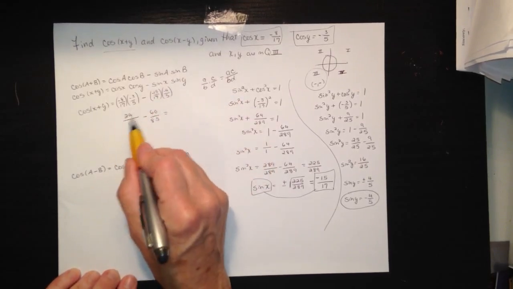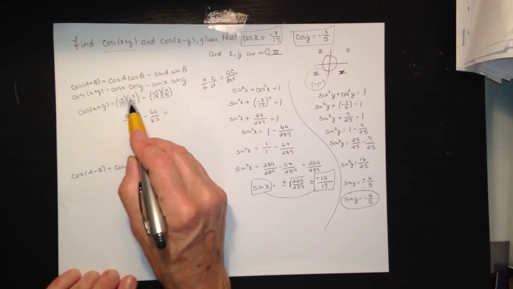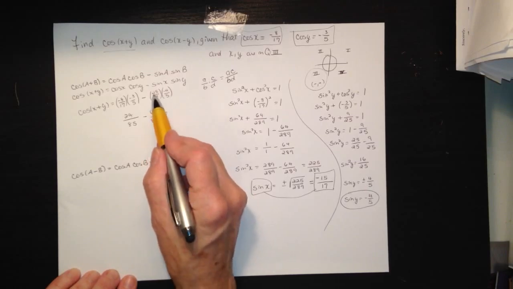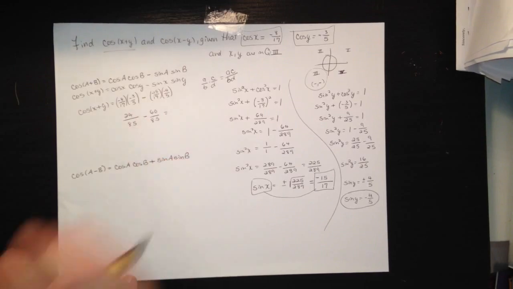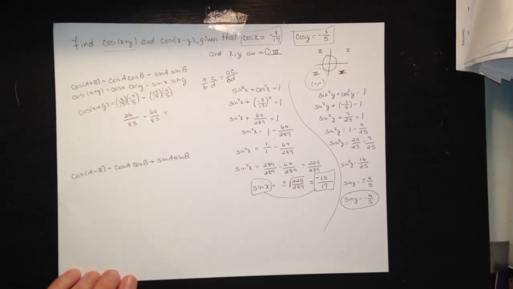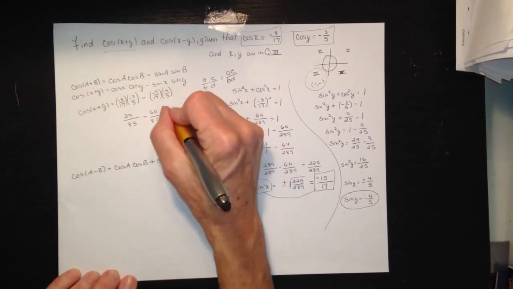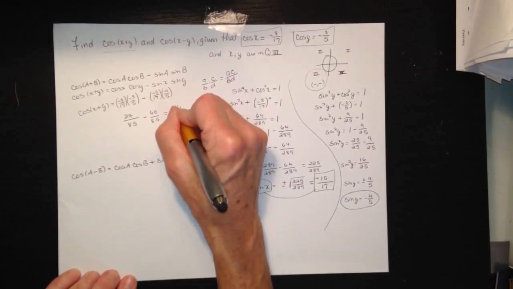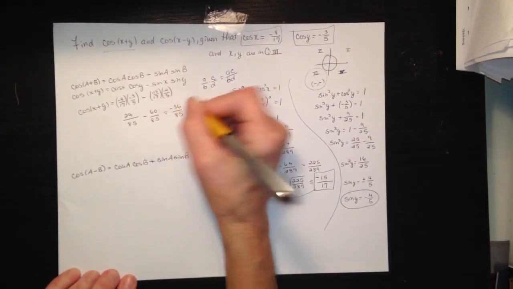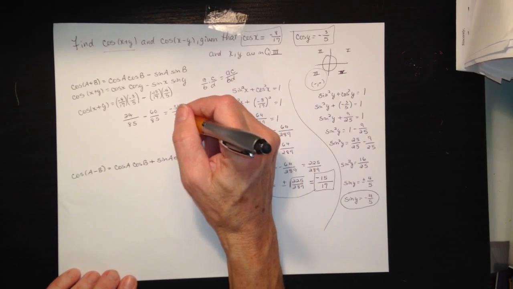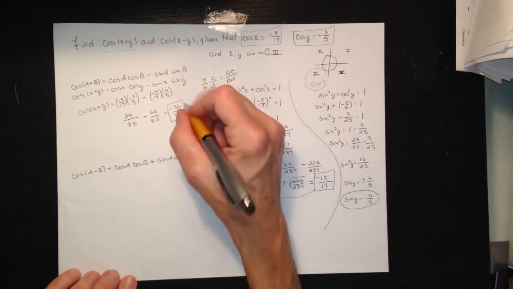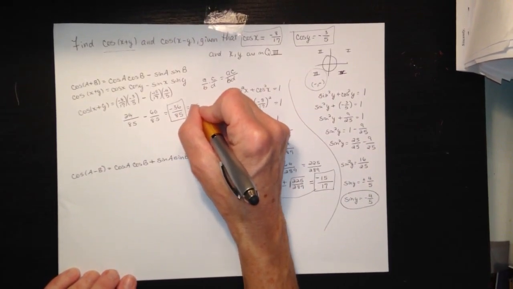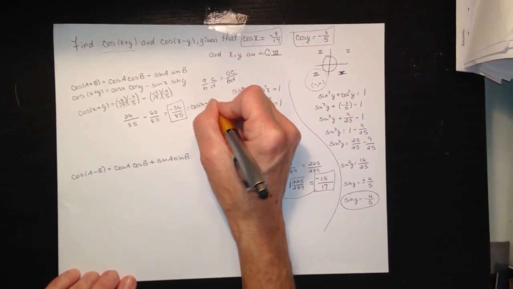So we get a positive 24 because of a negative 8 times a negative 3. We get a positive 60 because of a negative 15 times a negative 4. And this minus sign is this minus sign. So 24 minus 60 is negative 36 over 85. I do not believe that this will reduce. So this is what the cosine of x plus y equals.